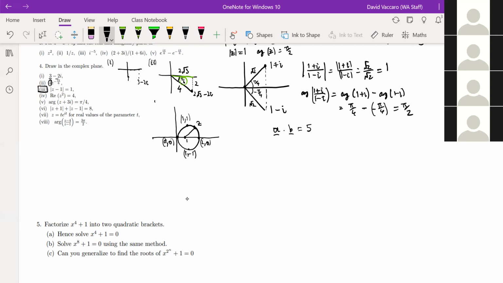That's part III. The next locus says that the real part of z squared is equal to 4.